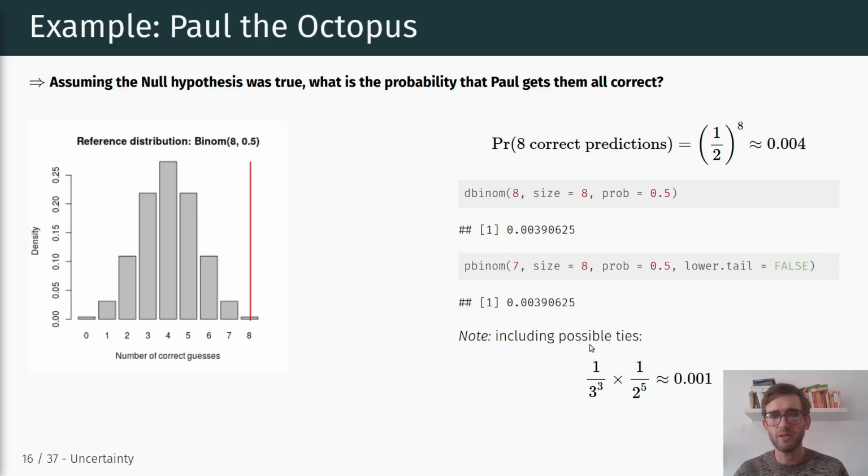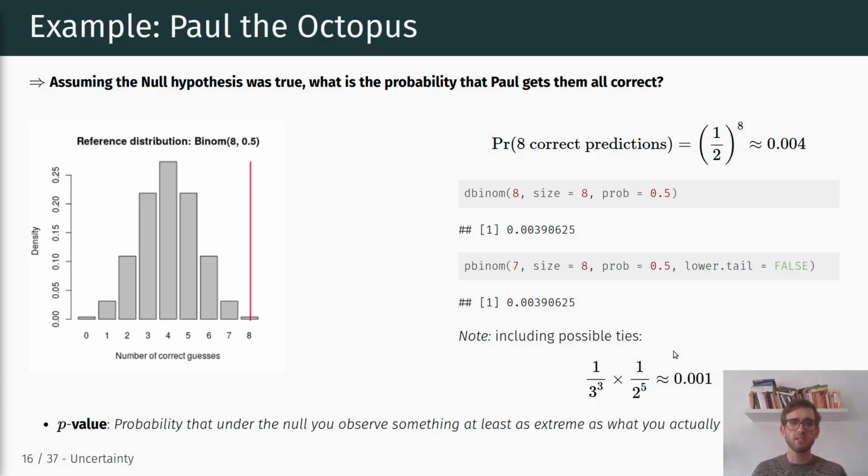So of course, including possible ties, this probability would be even smaller because in addition to correctly predicting the winner, where you have 2 different choices, you have 3 different choices in any group stage match, and if you randomly pick between those 3, that's one third to the power of 3 for 3 group stage matches, and so then the probability actually is reduced even more to 0.001, right?